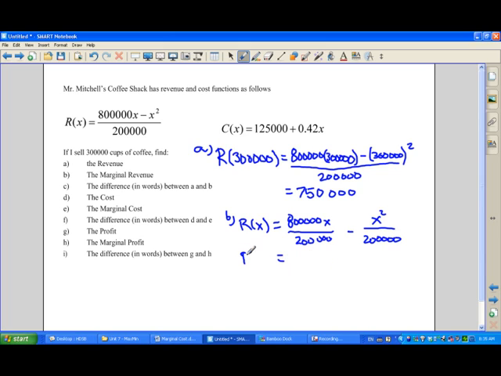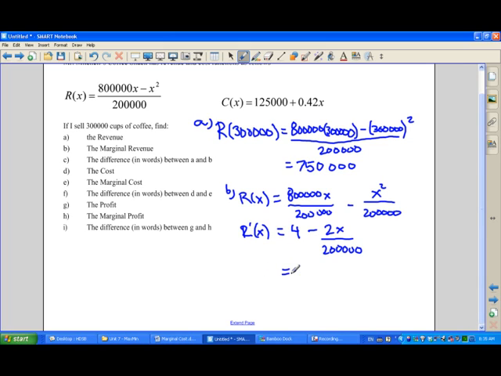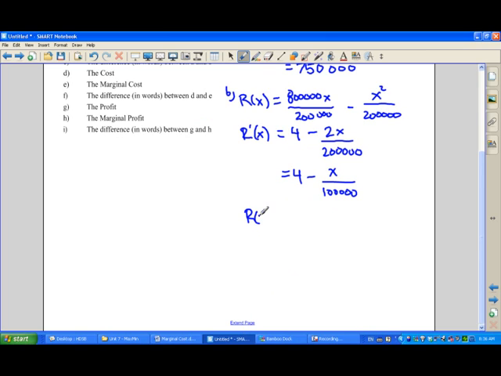So my derivative, r prime of x, becomes 800,000 over 200,000, which is just 4, minus 2x over 200,000, which simplifies to 4 minus x over 100,000.